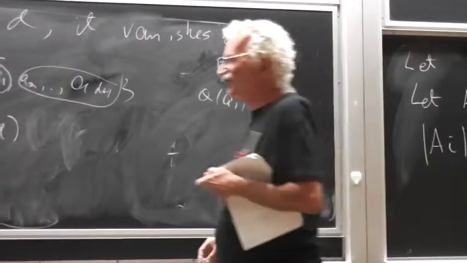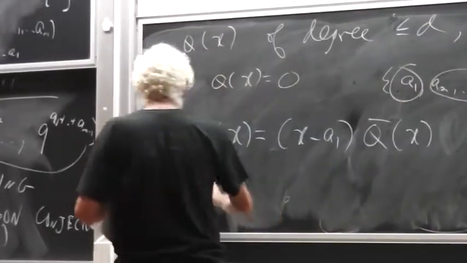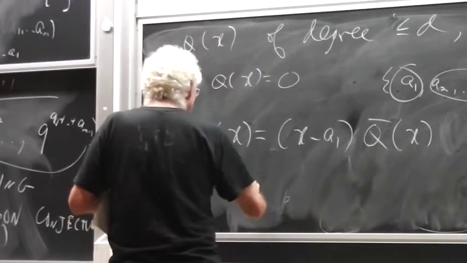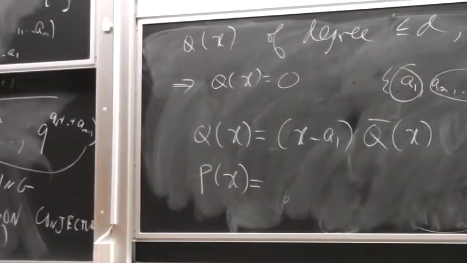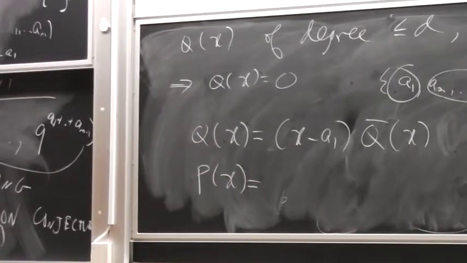Then comes the genius of Joseph Lagrange, who tells you, for a polynomial of degree smaller or equal to d, how to reconstruct it from data.